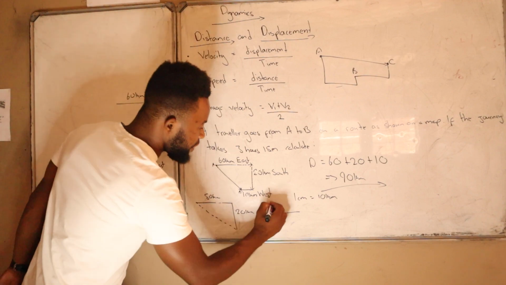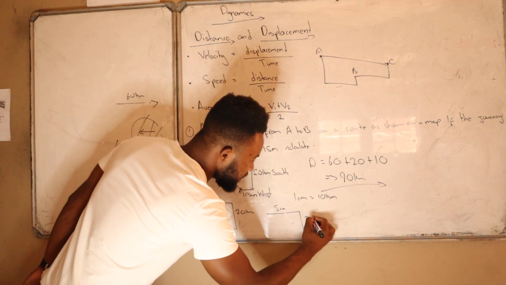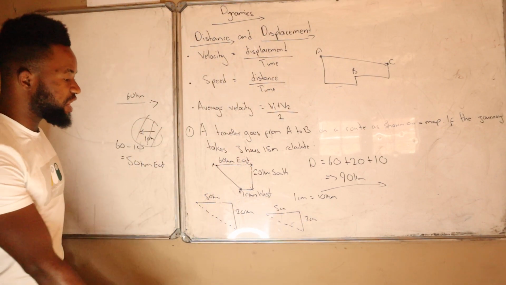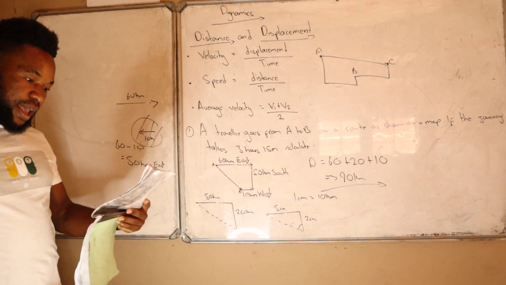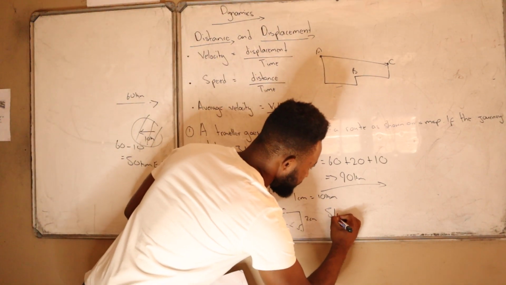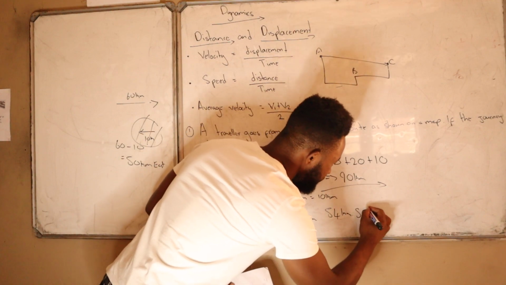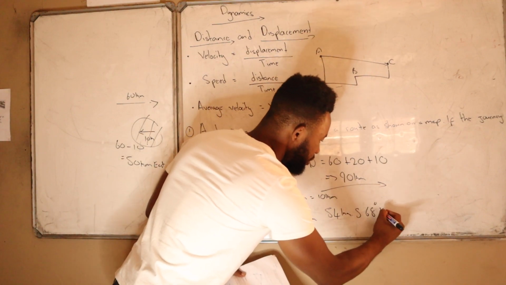In this case it will be 5 centimeters, and then going down it will be 2 centimeters, and then you get your displacement using this side, and then it can also have the angle. Okay, and then from here they got 54 kilometers, and then the angle was 68 degrees going to the east.